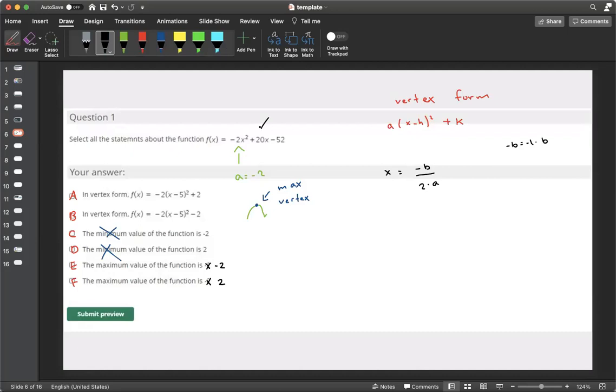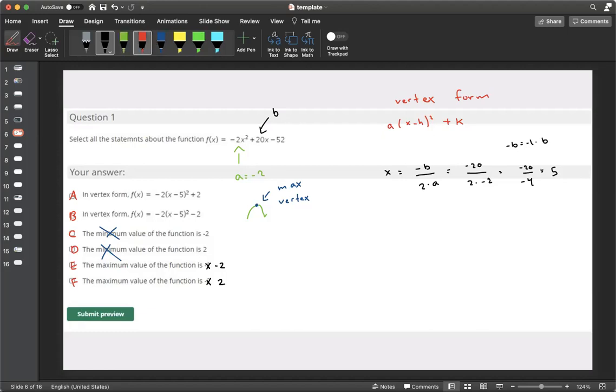So here, my b value is 20. So -b, that's -1 times 20, gives me a -20 divided by 2 times my a value of -2. This simplifies to -20 divided by -4, which is going to equal 5.